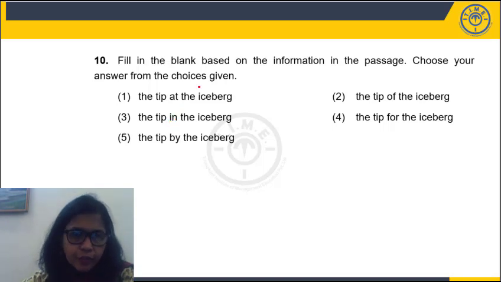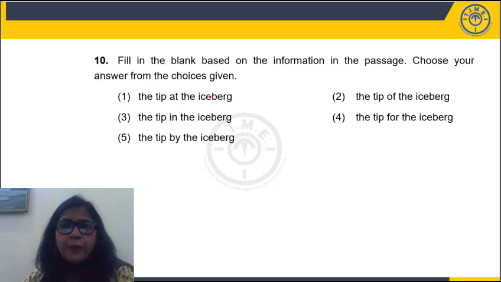So which is the proper way to express the idiom, and that is the tip of the iceberg. Now you use this group of words, the tip of the iceberg. This is just a tip of the iceberg, to convey that this is just a small part. There's a much larger part that is still hidden.